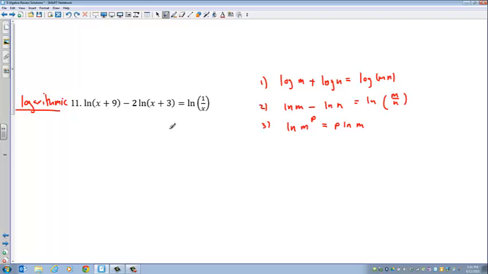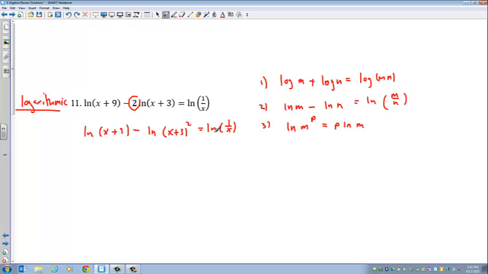So when I'm looking at how to solve this equation, the idea is to get log of something on the left equal to log of something on the right. So here I know this 2, I could put that up in the exponent. So what I really have here is ln of x plus 9 minus ln of x plus 3 quantity squared is equal to ln of 1 over x.